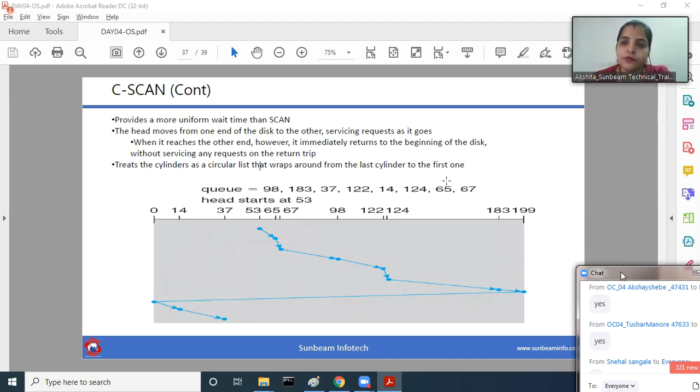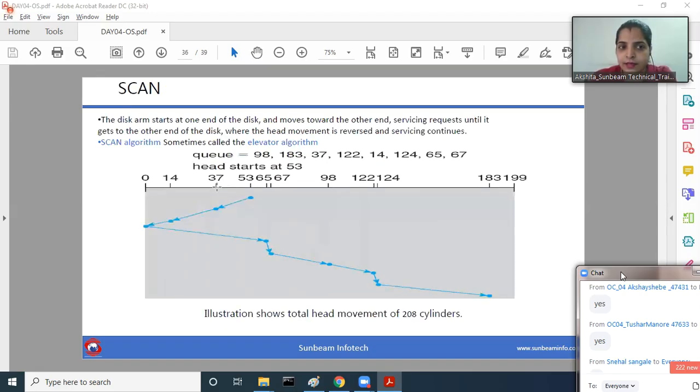This is just for your visualization of how these algorithms work, but that job is obviously done by your operating system. You cannot say ki use C-scan algorithm or use scan algorithm. That's a decision made by your operating system. That is the basic functionality of the operating system. Okay, Rishi? Have you understood C-scan and scan?